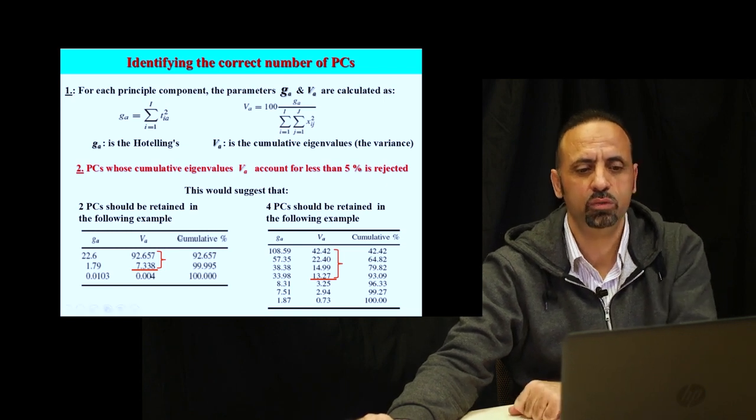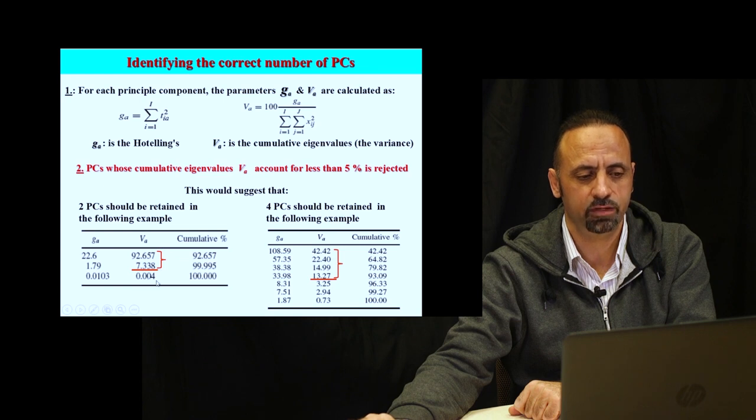For example, I have two examples here. In this example, we have three principal components. After calculation of the Hotelling's and the variation here, I can see the cumulative variation is less than 5%, so I consider only two components because this is less than 5%.